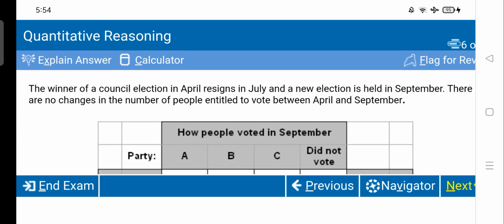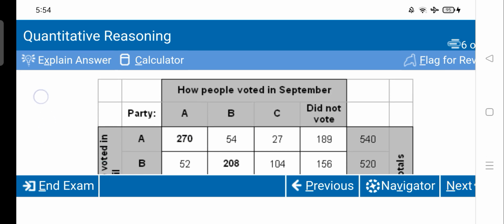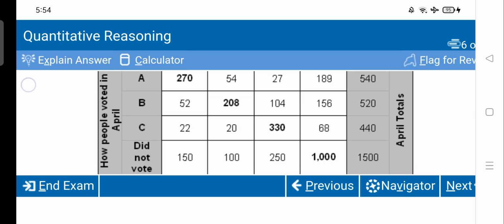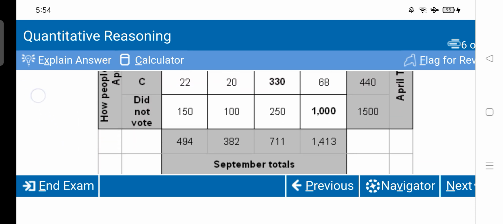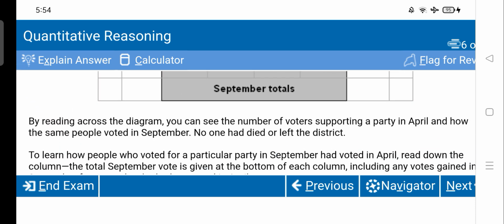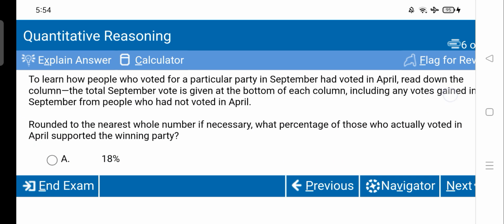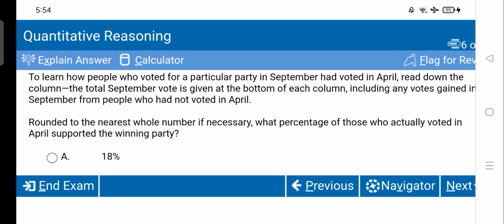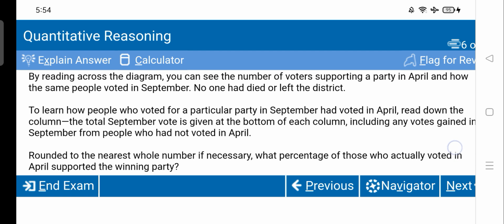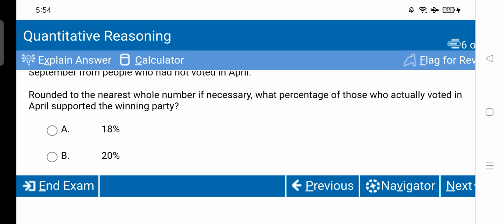Now again we have the same statement given with the same data in the table, as you can see here. And the question is, round to the nearest whole number if necessary, what percentage of those who actually voted in April supported the winning party?